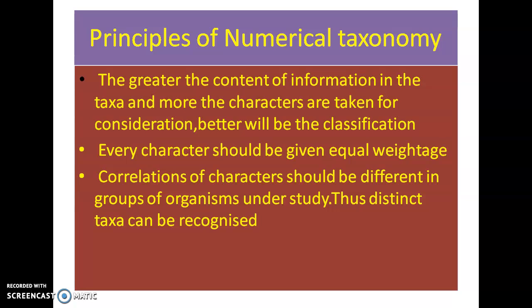Then, equal weightage has to be given to every character. Then correlation of characters should be different in different groups of organisms under study. And by means of this correlation of characters, we can distinctively recognize the different taxa.